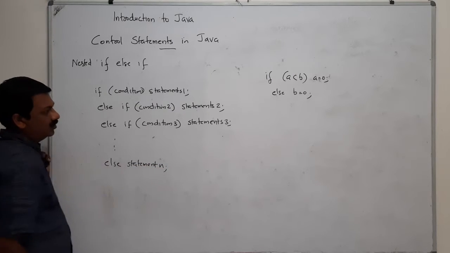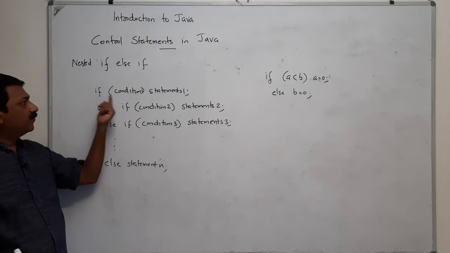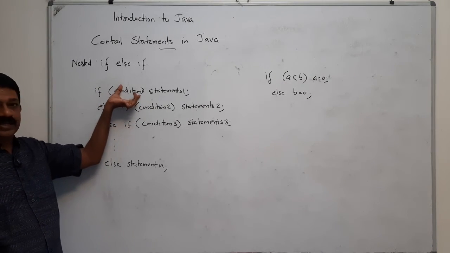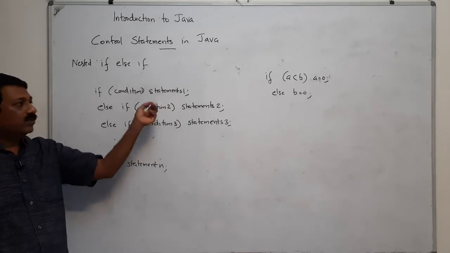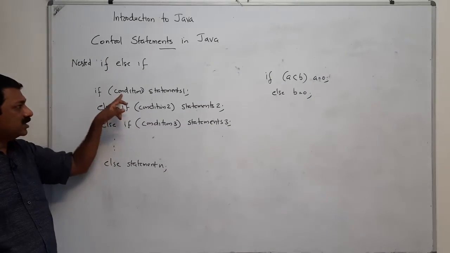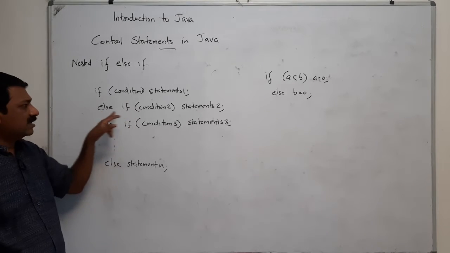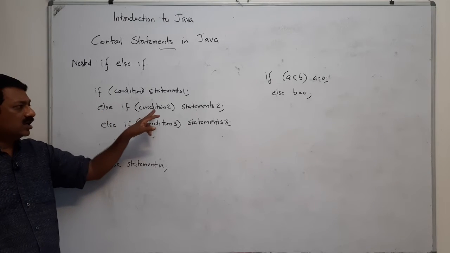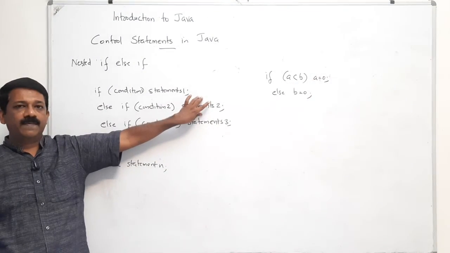So here, if condition 1 is satisfied, then it will execute the sequence of statements 1. Suppose condition 1 fails, then the else clause is executed, and if condition 2 is true, then that sequence of statements is executed.